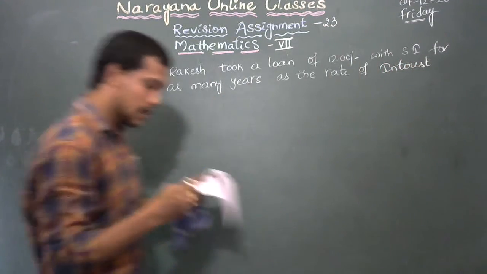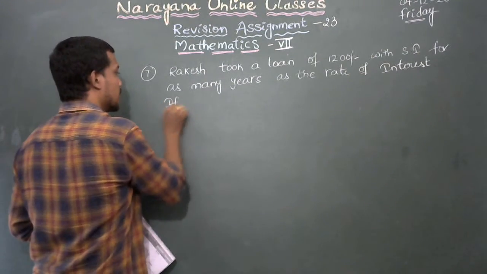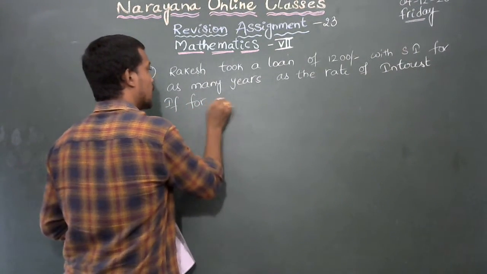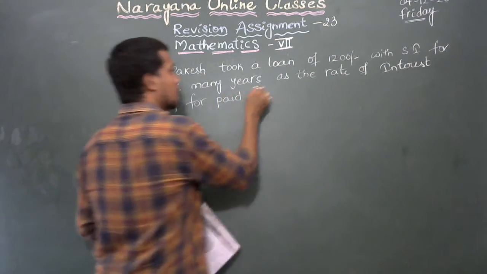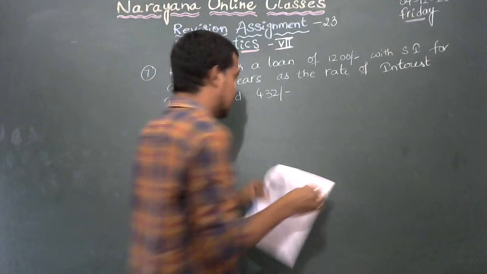If he paid 432 rupees as interest at the end of the loan period, what was the rate of interest?